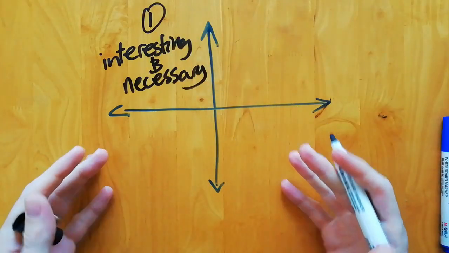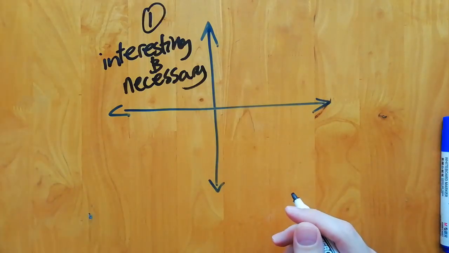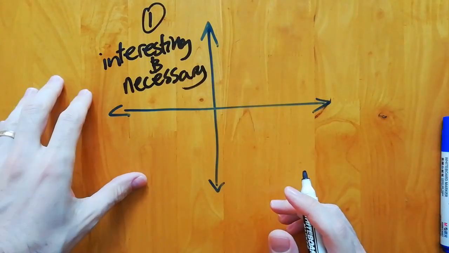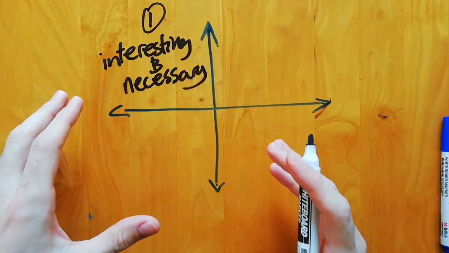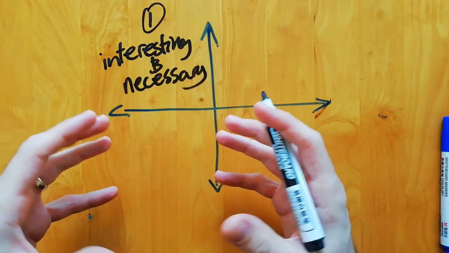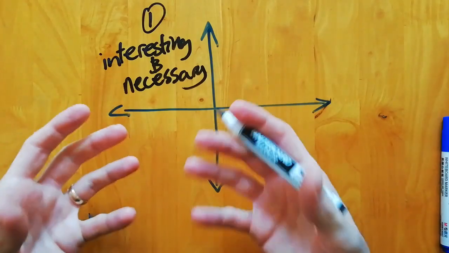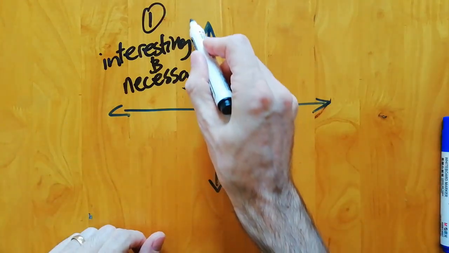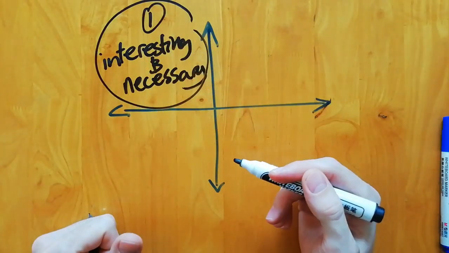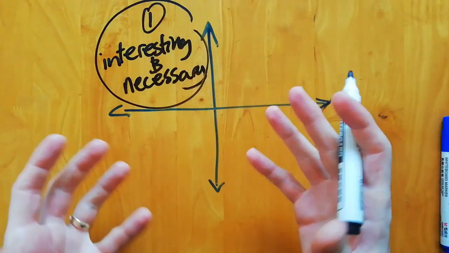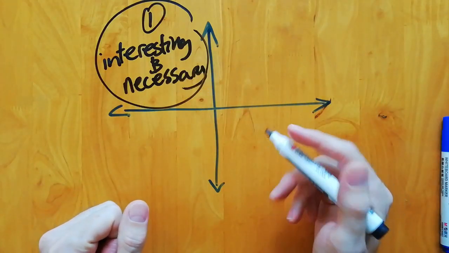If your target language resides in this quadrant, then it means you're interested in that target language, and it's also necessary for you to use it in daily life. You have a reason or an impetus to apply it. There's some real life context where you actually have to be using it. Okay, this is an ideal quadrant for our target languages to be in generally. Generally, we would seek to figure out how we can move our target languages into that quadrant.